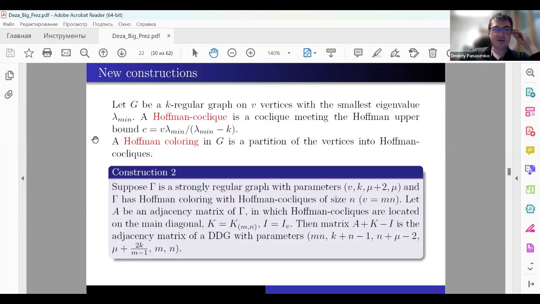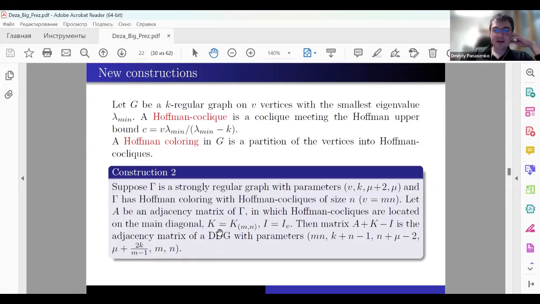Let us have strongly regular graphs gamma with parameters v, k, mu plus 2, mu. And such graphs should have a Hoffman coloring with Hoffman cocliques of size n. Also, let A be an adjacency matrix of graph gamma, in which Hoffman cocliques are located exactly on the main diagonal. So these blocks, basically.